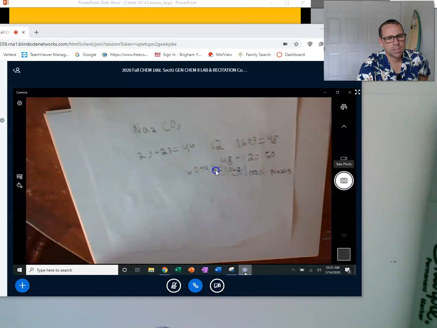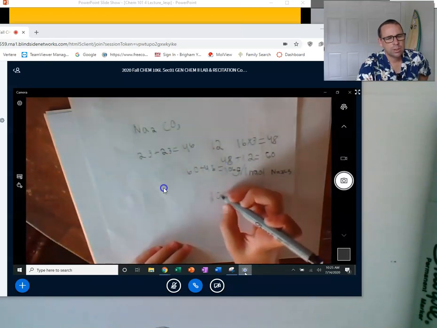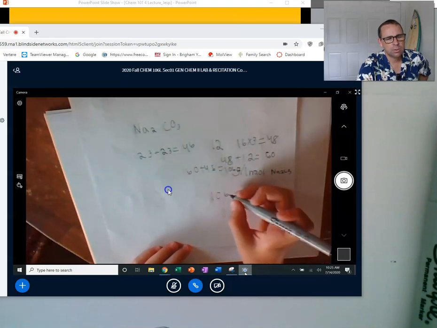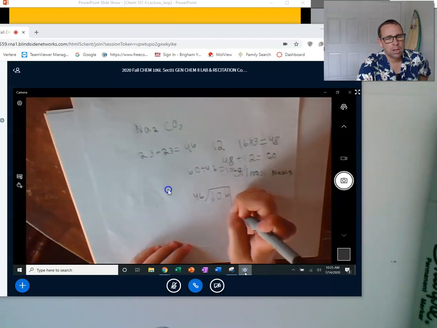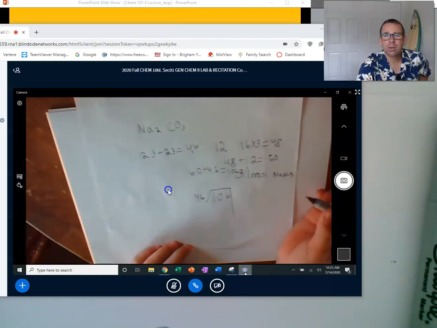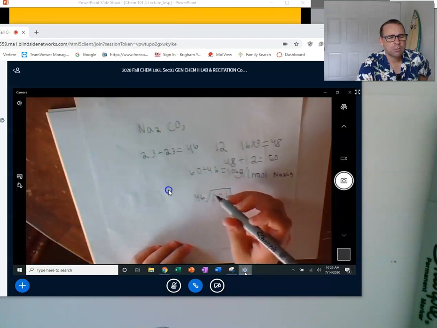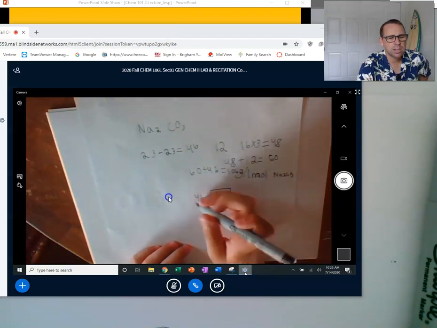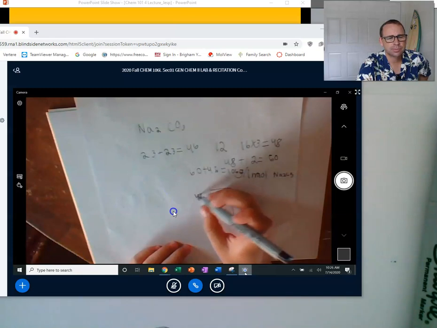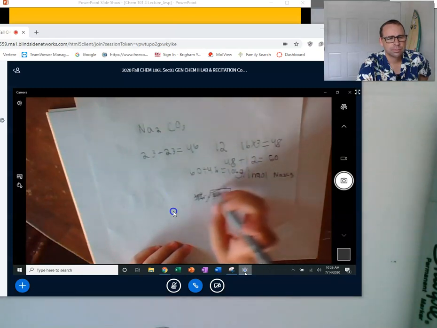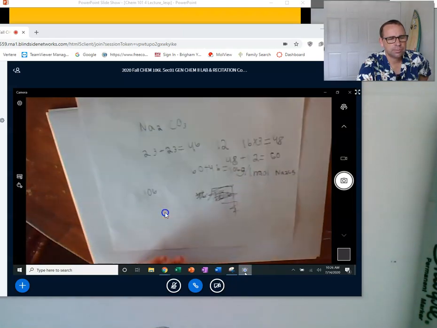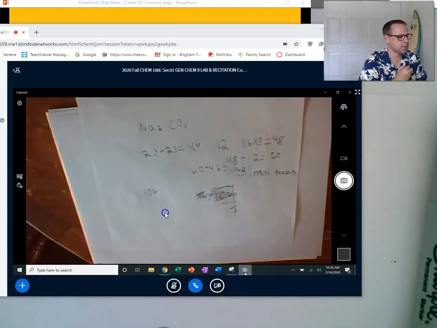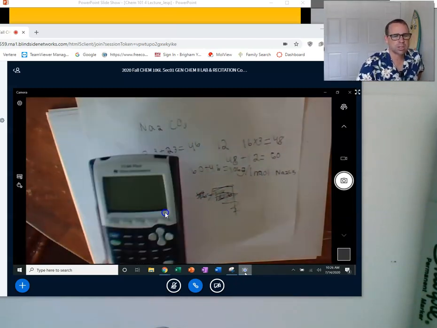All right, take the 46 and divide it by the 106. And that will give you, no, other way around. So it's 106 into 46. But do you have your calculator with you? Yeah. Just put 46 divided by 106.